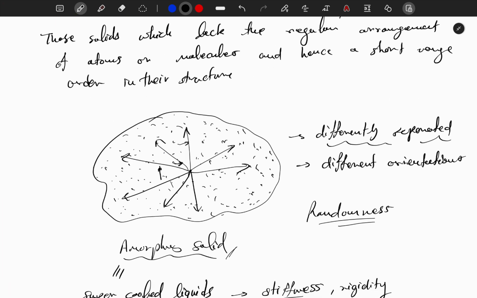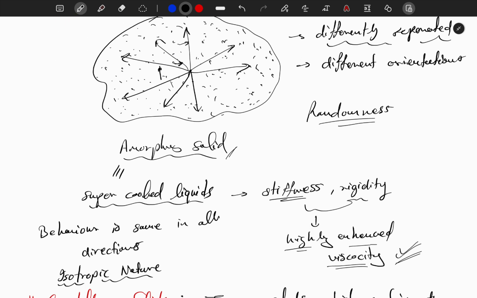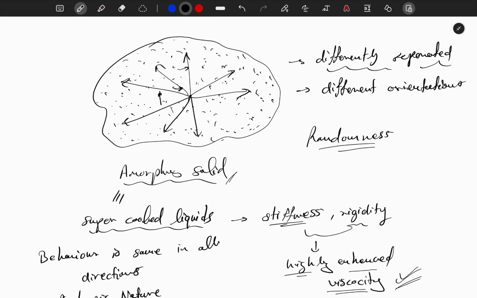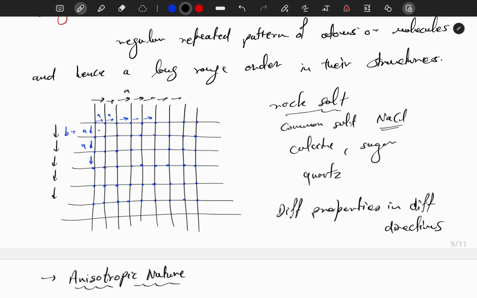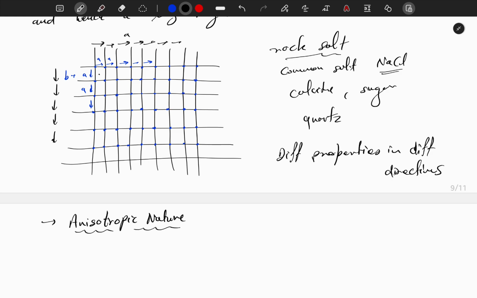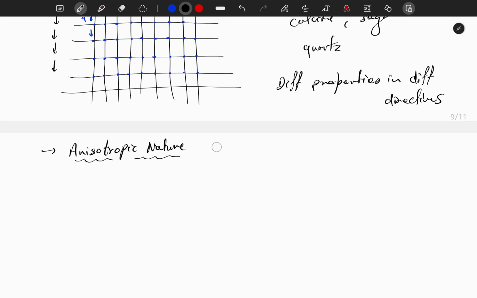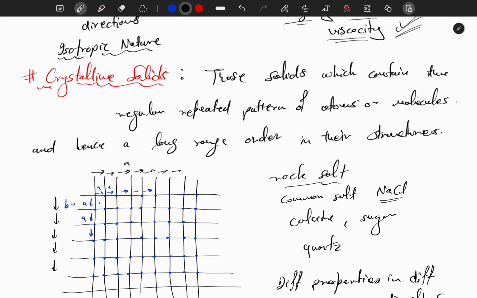It means that they have on average the same behavior in all directions. So they will conduct the same electricity in this direction and also in this direction, if they are conductors. They will conduct the same amount of heat in this direction and in the other direction. So these show isotropic nature. On the other hand, the crystalline solids show anisotropic nature, so they will show different properties in different directions.